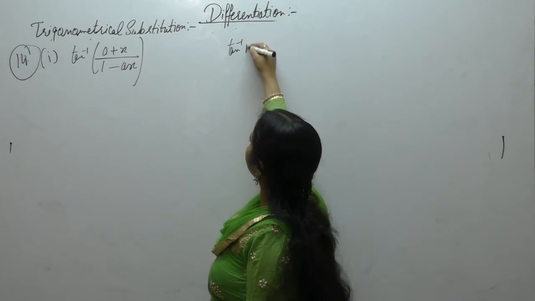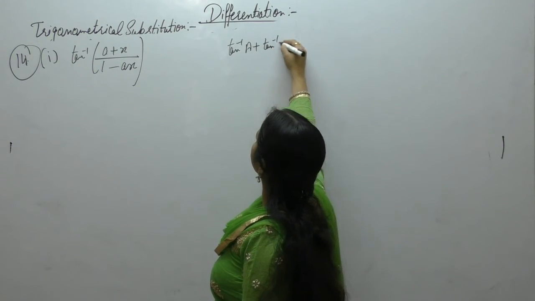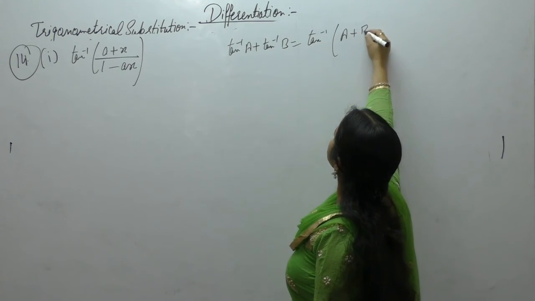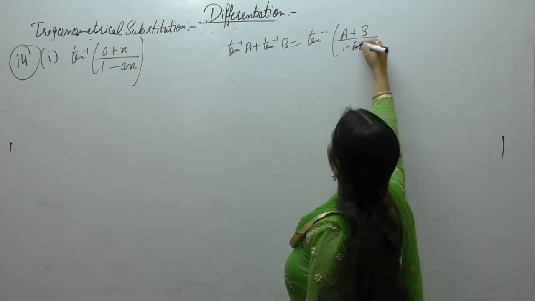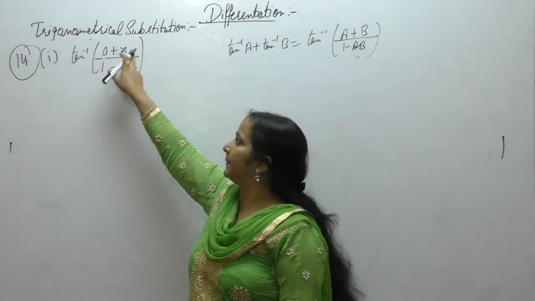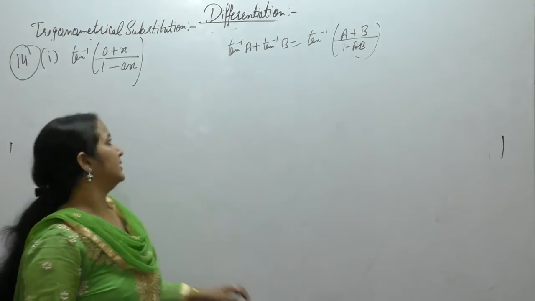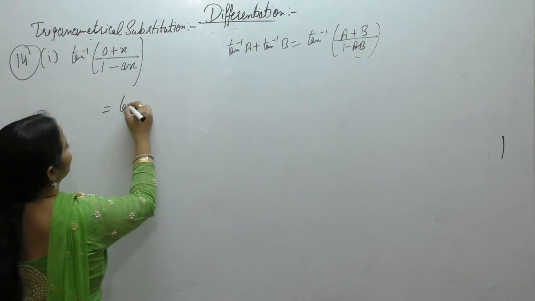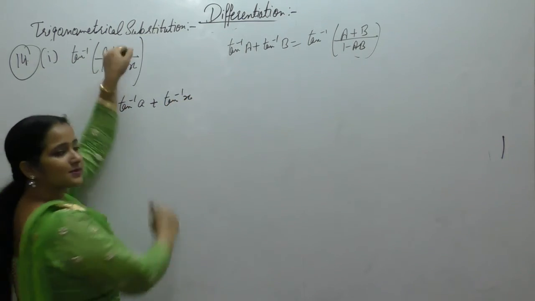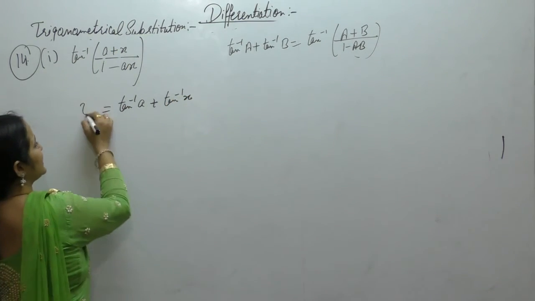We know we have one formula, tan inverse a plus tan inverse b is equal to tan inverse (a plus b) upon (1 minus ab). This is a, this is b. A plus b, 1 minus ab. So we can write this as tan inverse a plus tan inverse b. We can write it as this.